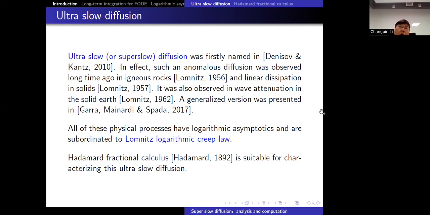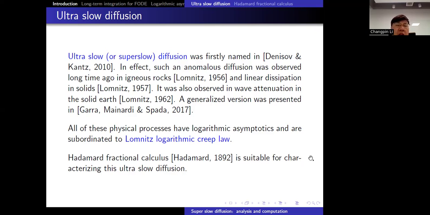All of the above physical processes have logarithmic asymptotics and are subordinated to the Leibniz logarithmic creep law. As far as we know, Hadamard fractional calculus is suitable for characterizing this ultra-slow diffusion.